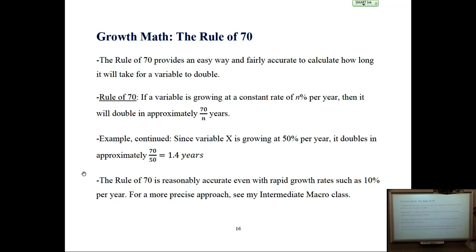Now, this approximation has a different property than the other one we saw at the beginning of this video. This one actually works fairly well even with large numbers. So I won't go through the exact formula here because that's a bit more advanced. If you want to see that one, you can take my intermediate macro class, Econ 303.